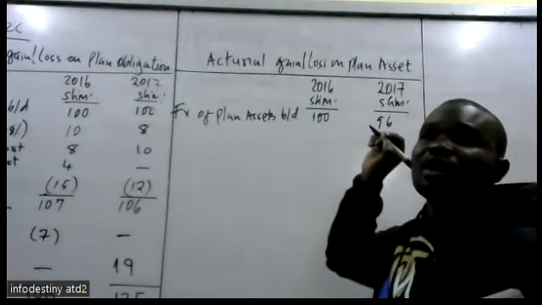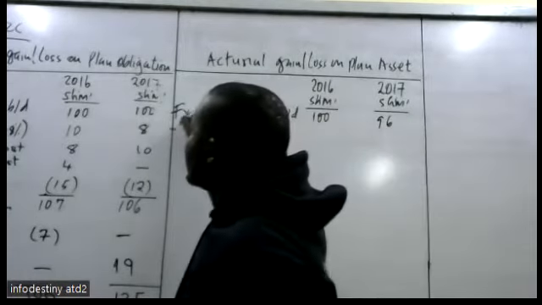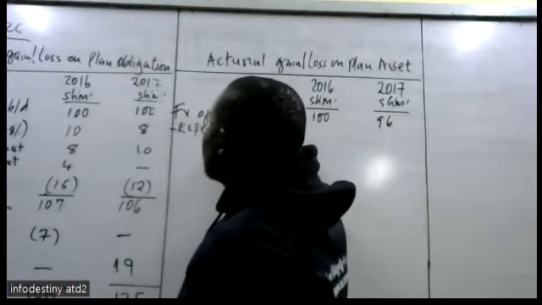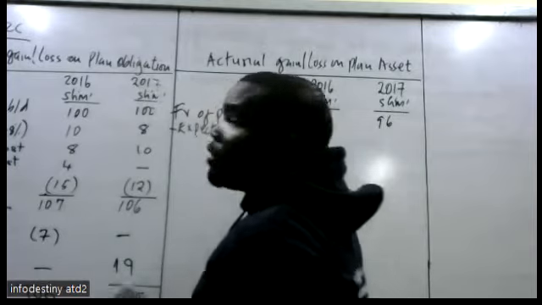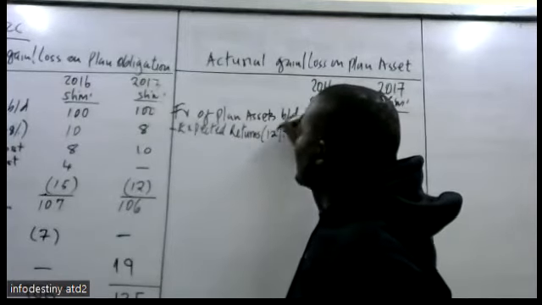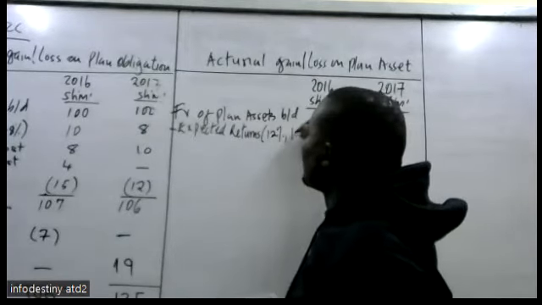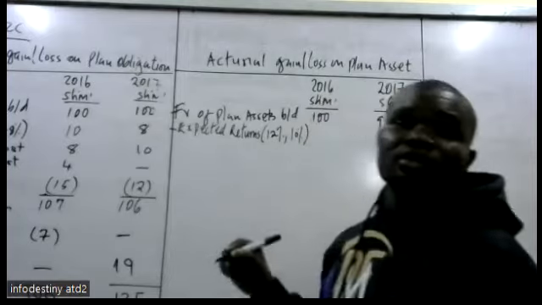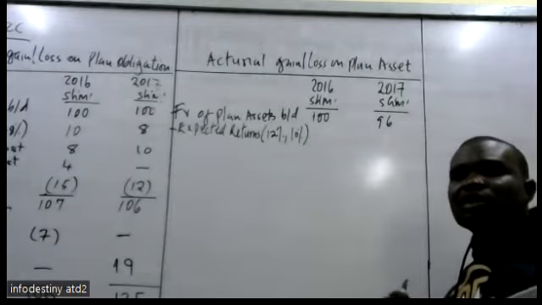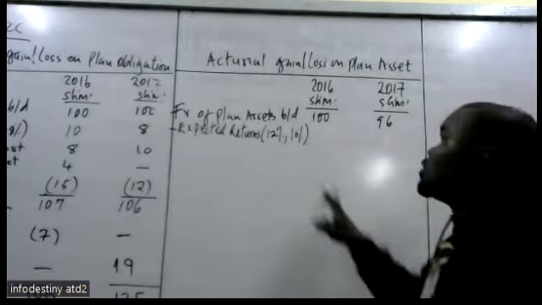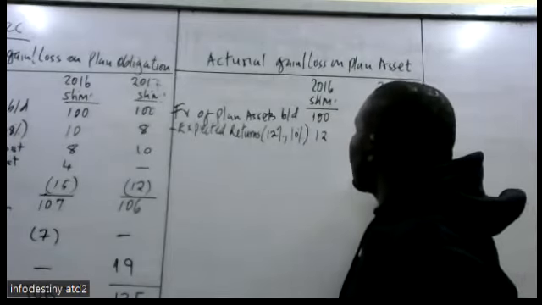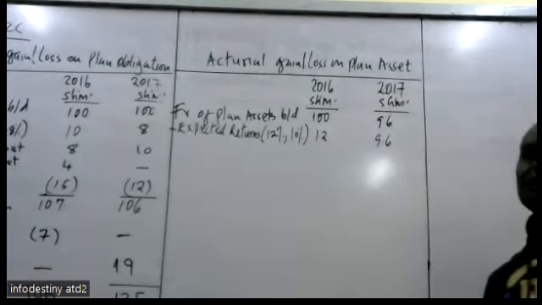Expected returns, percentages, 12 and 10. Expected rate of return, 12 and 10. So 12% of 100 is 12, 10% of 96 is 9.6.